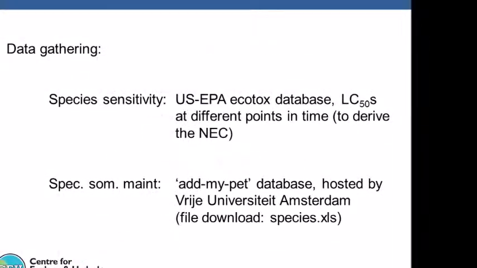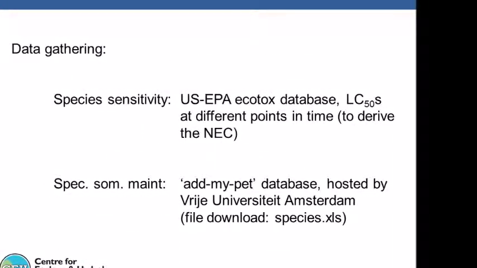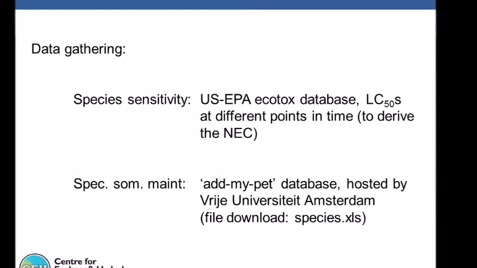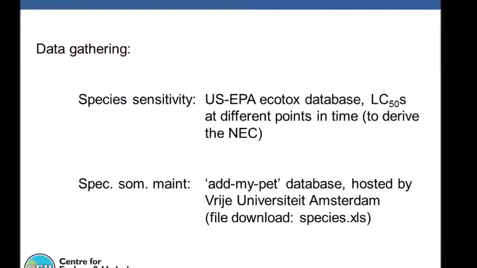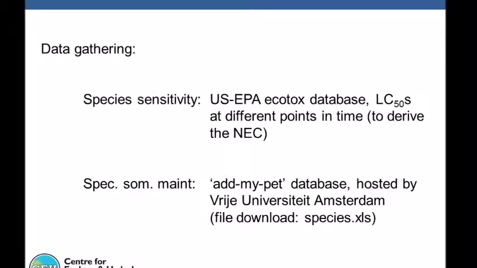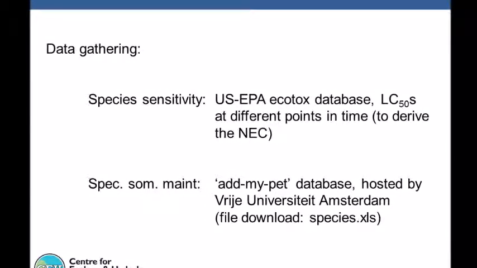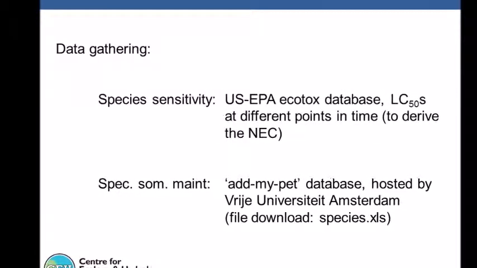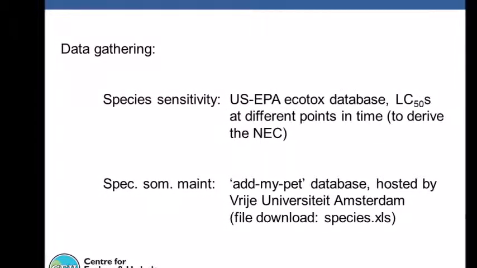So, of course, you need data. For the species sensitivity, we use the US EPA Ecotox database, and we were able to derive no effect concentrations for each of the compounds for between 15 and 35 different species. And for metabolism, we used the @mypet database.